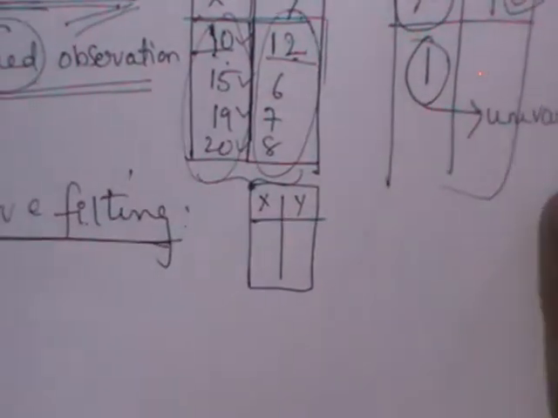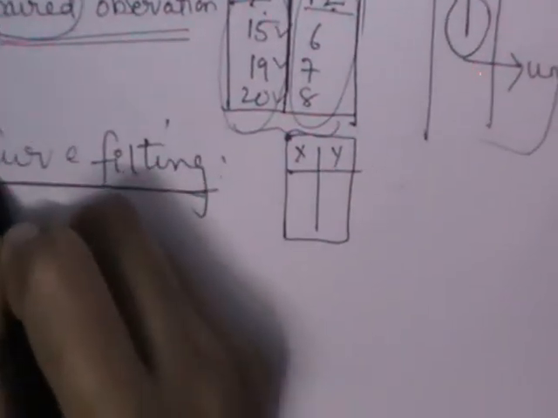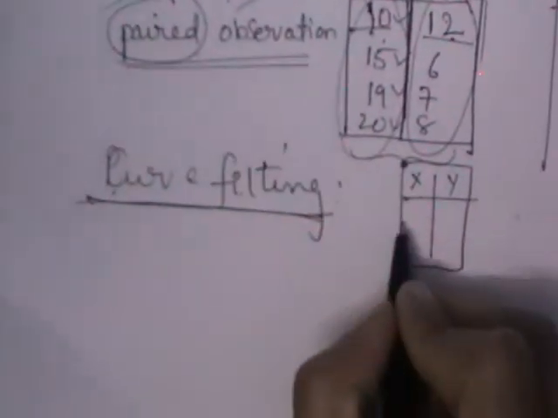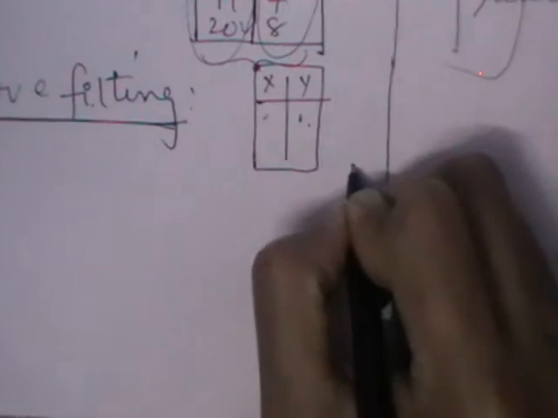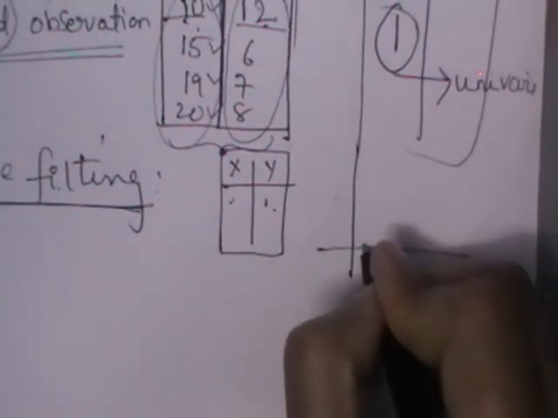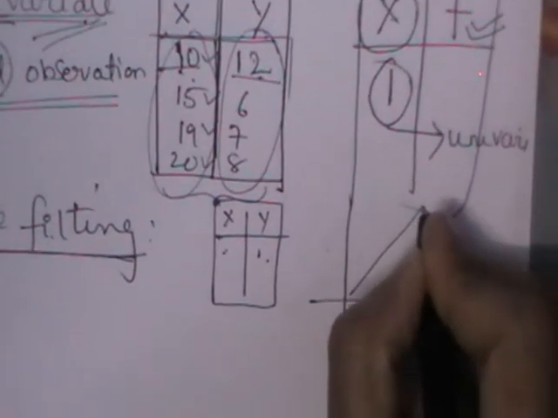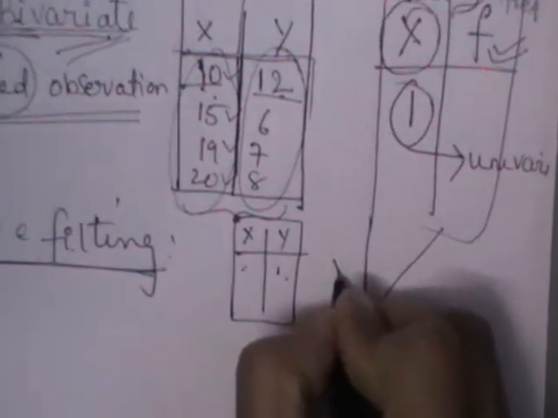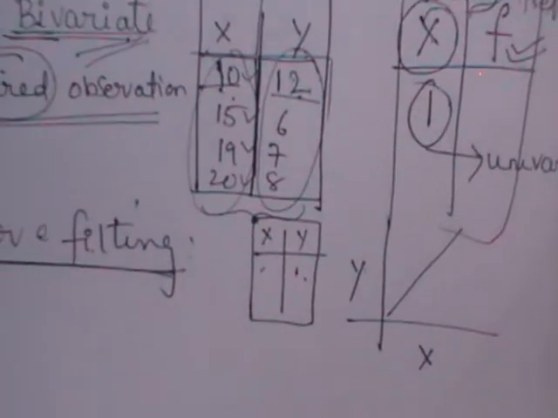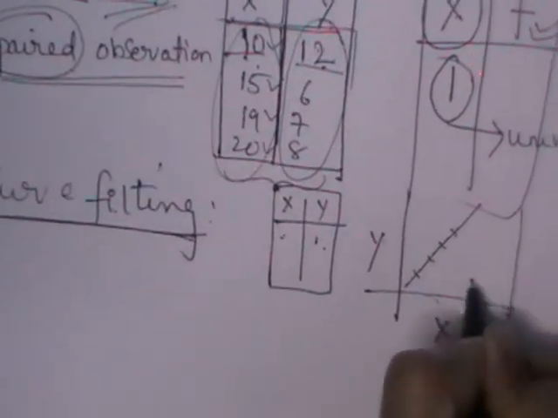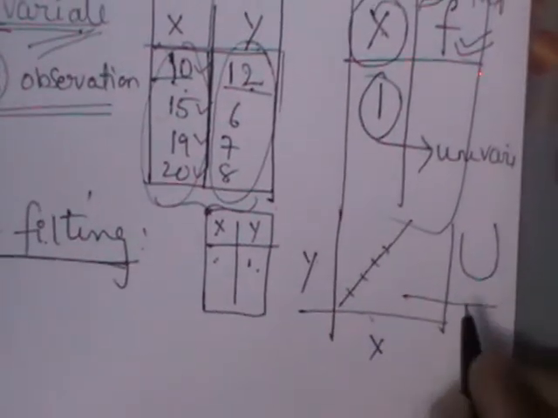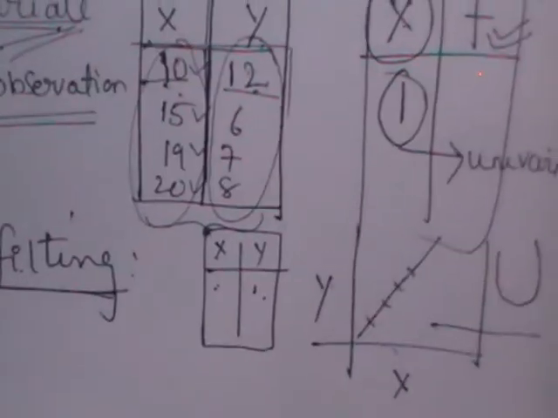Now let us see what curve fitting is. The name itself tells that whenever you are given bivariate data and you represent it on a graph, if we take one variable on x and one variable on y, some data may represent a straight line, some data may represent a parabola or some other non-linear form.